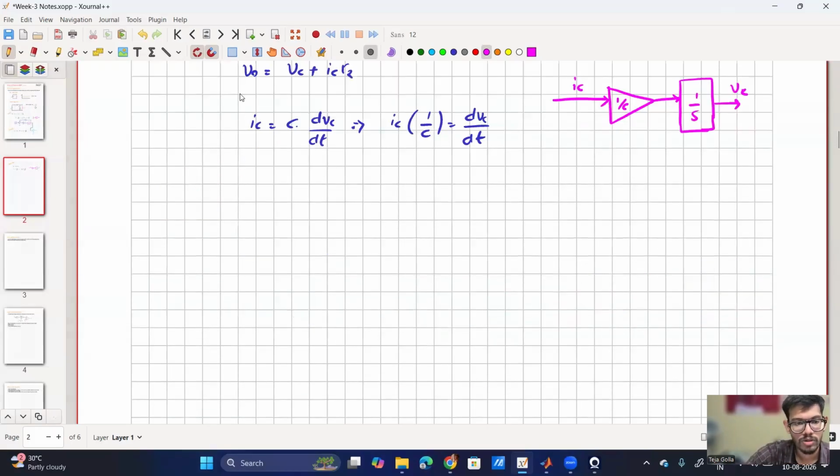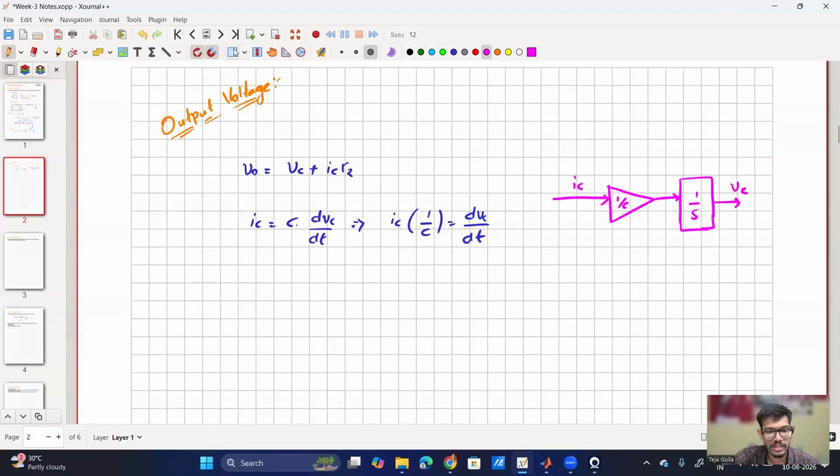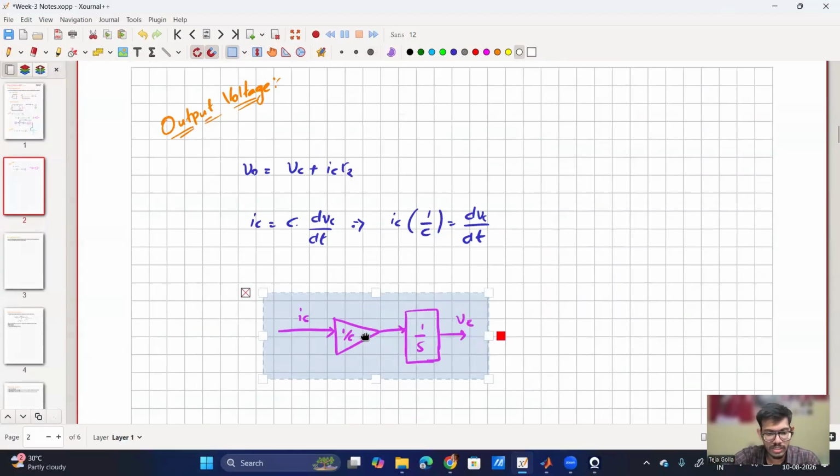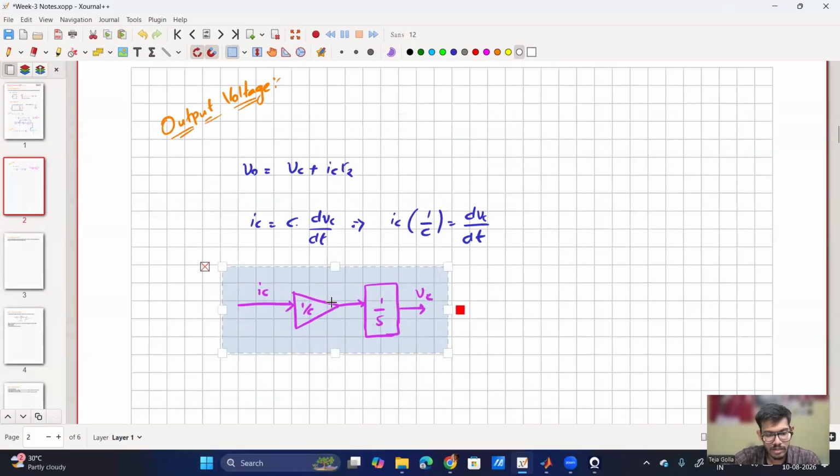Yes. So now how do I use this Vc to get V0? I'll just draw this here so that I can take advantage of the space. Now I am getting Vc. This Vc has to be added to IC into R2.